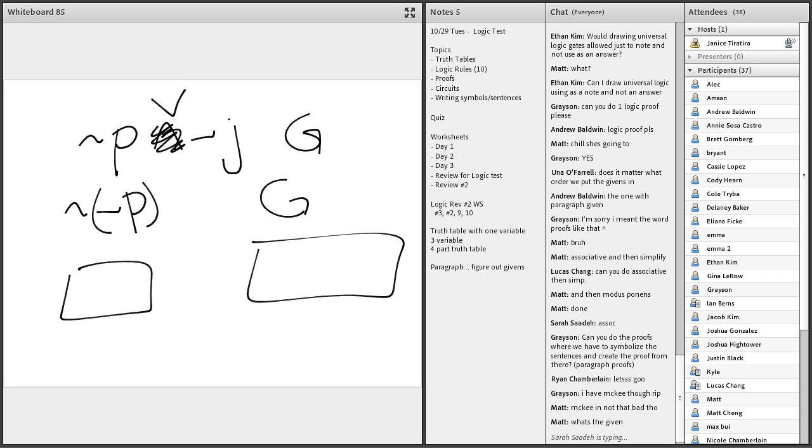So the 2 givens are: if not P or not J, and then another given is not P. What is your answer? All right. Answer is not J, disjunctive syllogism.